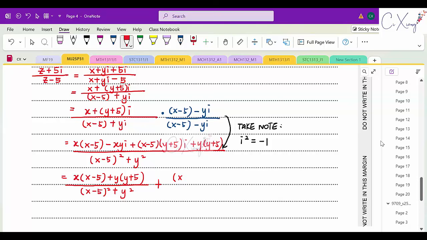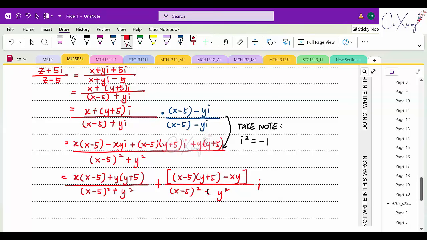So for the imaginary part, I'm having x plus 5, y minus 5, minus xy, over x minus 5 squared plus y squared. So you can see that I'm having the real part and also this is the imaginary part.